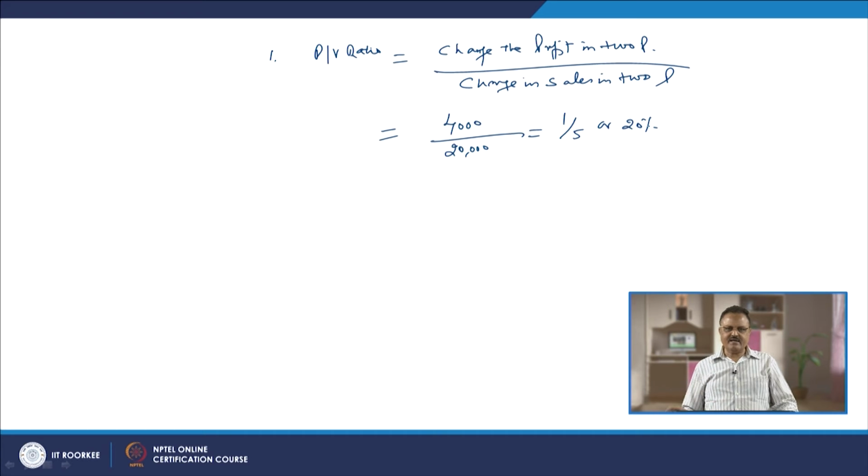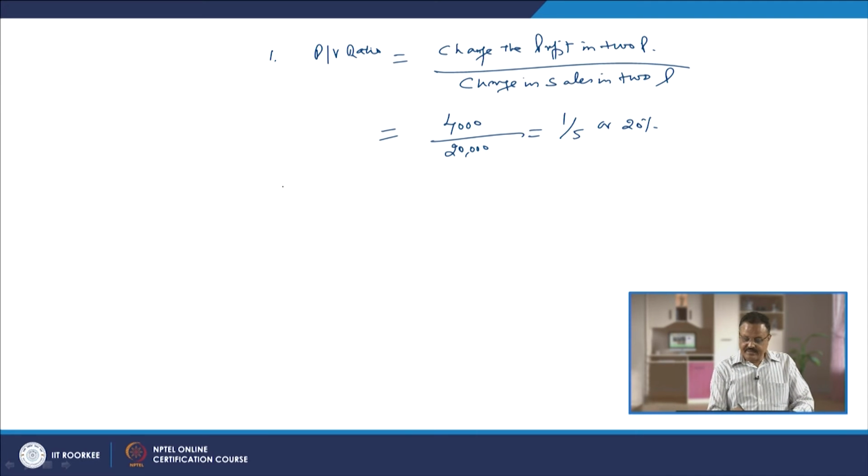So, it is quite likely that we earn about 20% profit. You can say from the total sales price, 80% will be the cost and 20% will be the profit. This is not exactly like that, but it is a broad idea you can have from the relationship between profit and volume. Here we have found that the PV ratio is 20%. So, we have answered the first question.